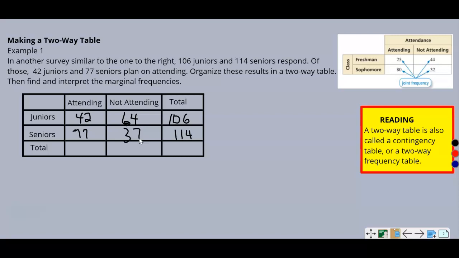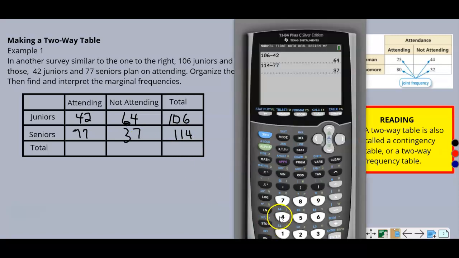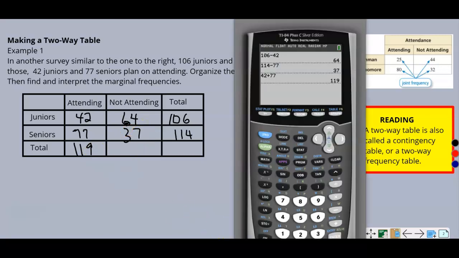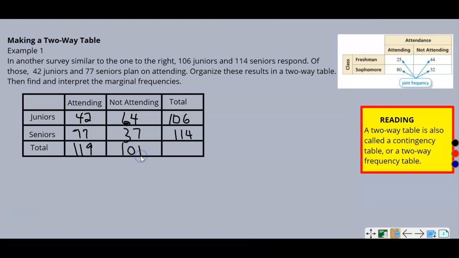All right, so if we need to know the total number attending, we just add that column. So we're going to do 42 plus 77. This is the total number of juniors and seniors attending, which is 119. And then to get the total not attending would be 64 plus 37, which is 101.